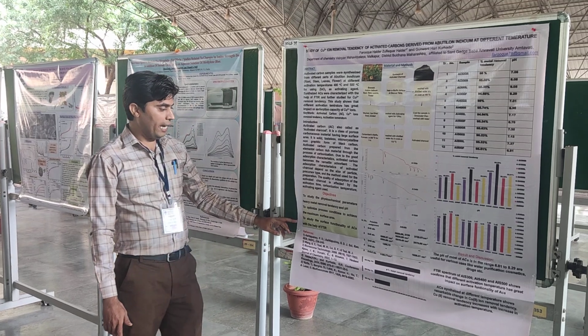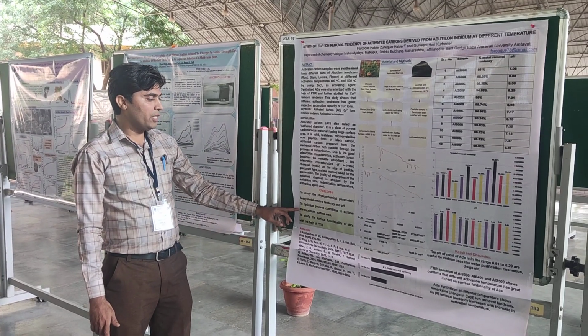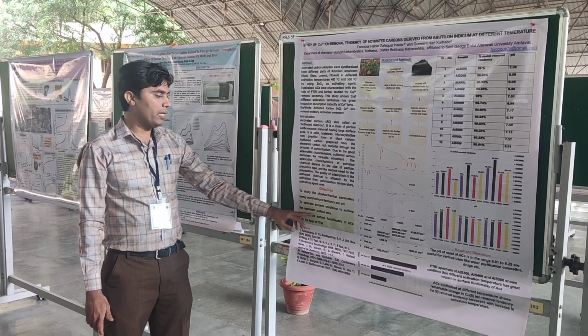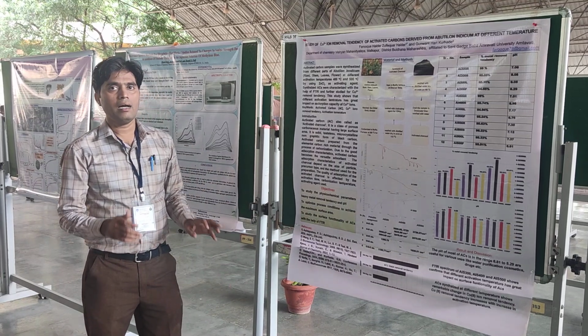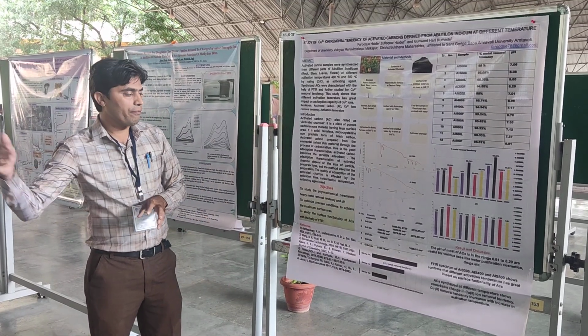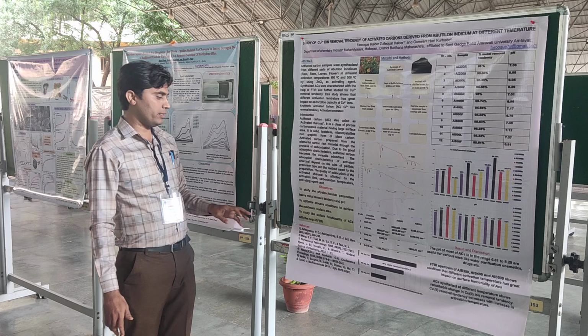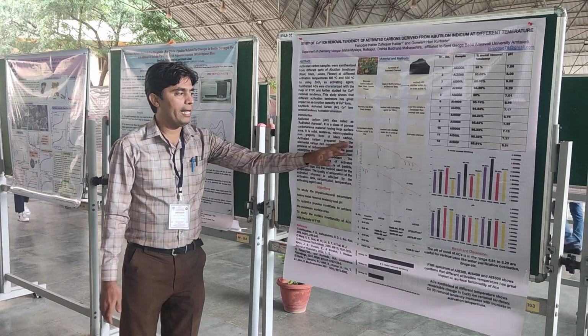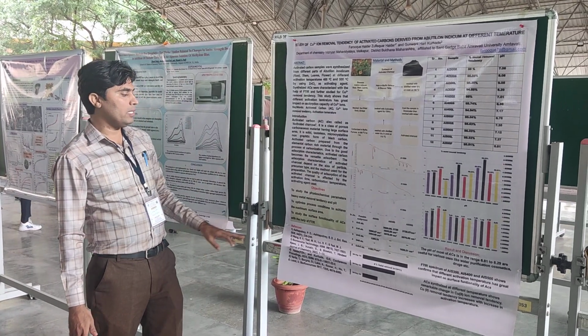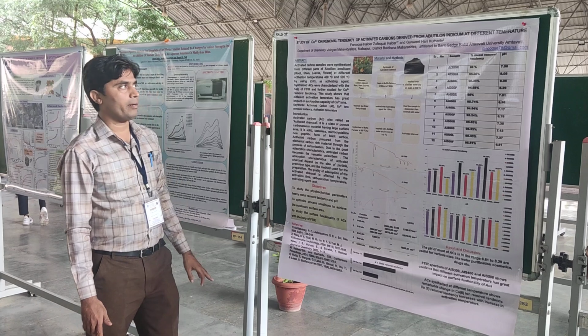And we are achieving activated charcoal with a high surface area by treating it at different activation temperatures. The characterization of this activated charcoal is done with the help of FTIR.